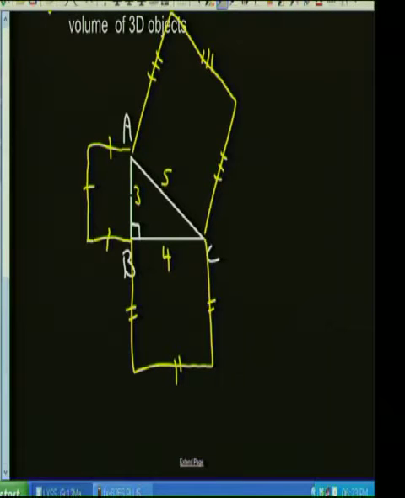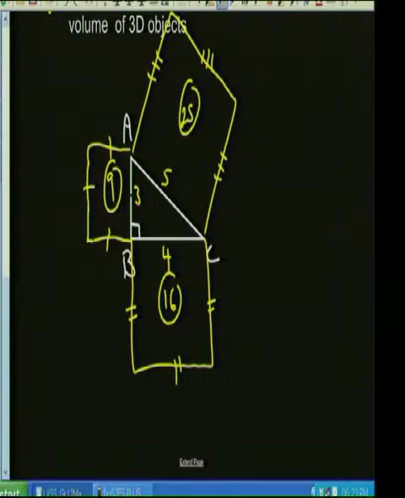It's length times breadth. My length is 3, my breadth is 3. What's the area of my little square? It is 9, because 3 times 3 is 9. Of my square on BC, 4 times 4 is 16. My square on line AC, 5 times 5 is 25.